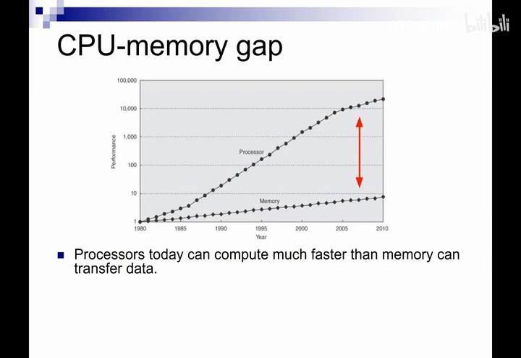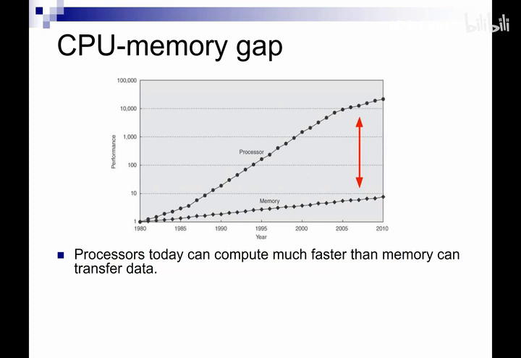Now let's talk about the CPU memory gap. As I said, your processor can only compute as fast as the memory system supports it. But the problem is that nowadays you have processors which run much faster than the memory can actually transfer data.